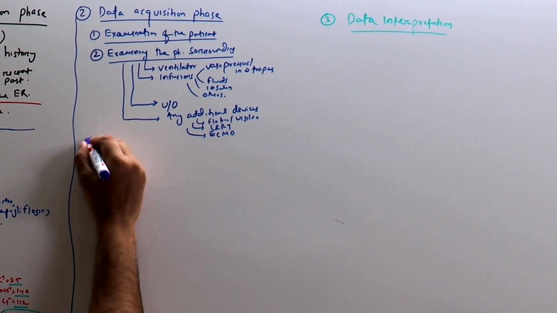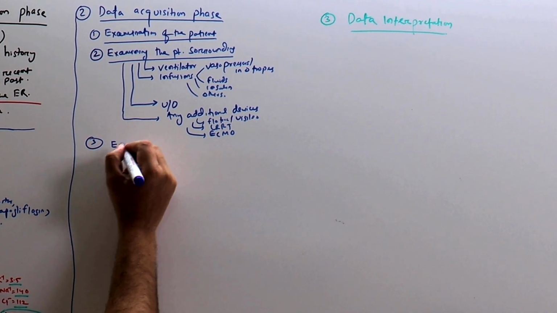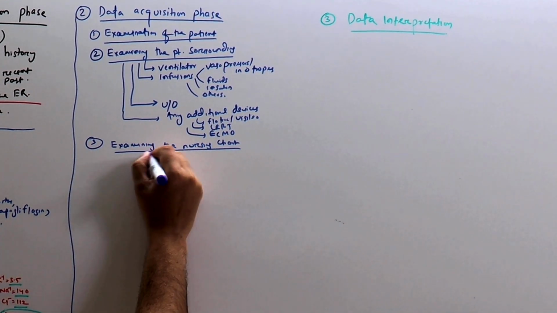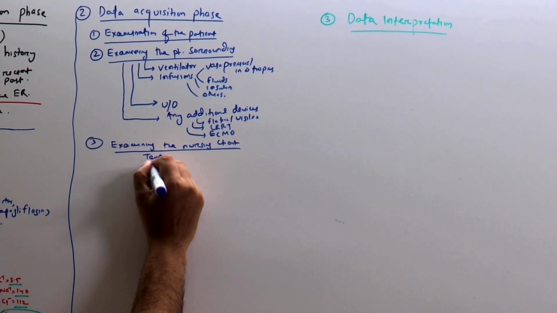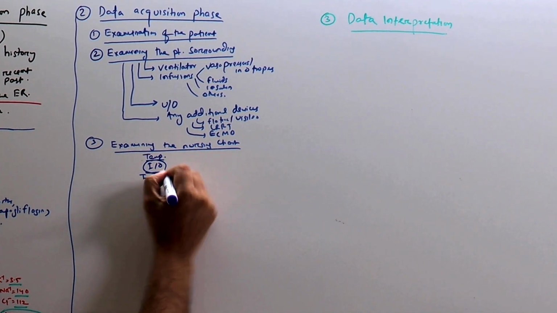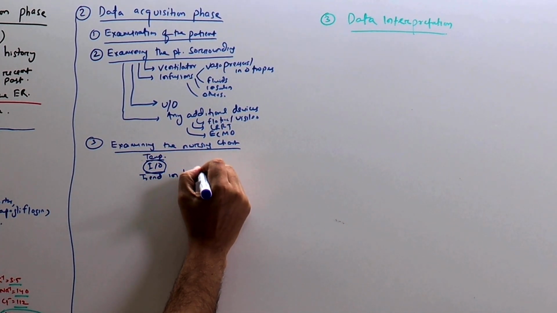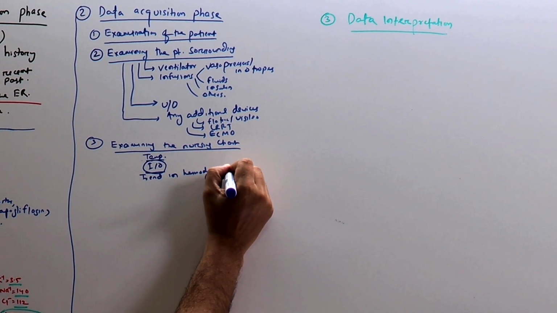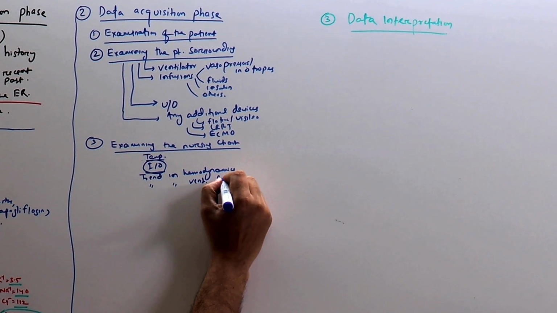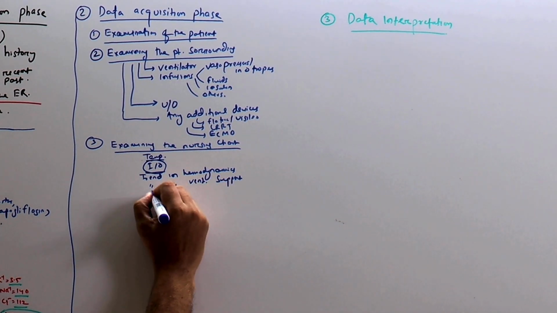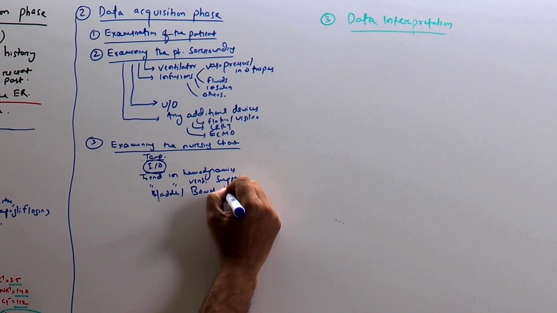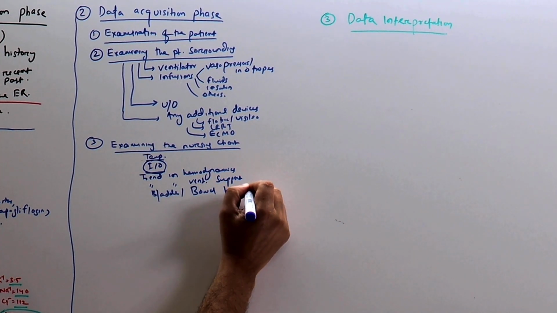Number three is examining the nursing chart. From the nursing chart, we will get temperature, intake output, that is fluid balance, trend in hemodynamics, trend in ventilator support, bladder and bowel habits, right?